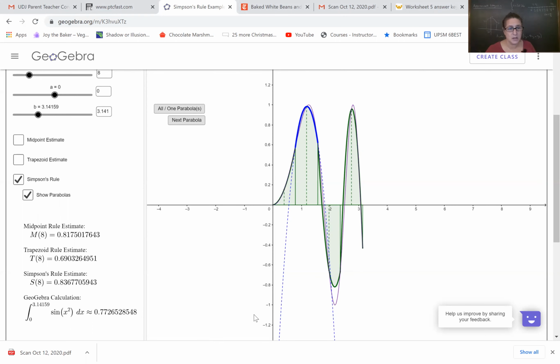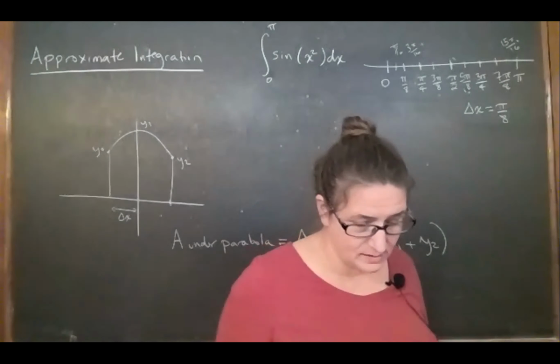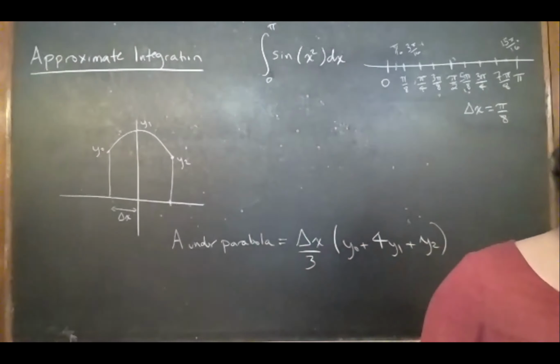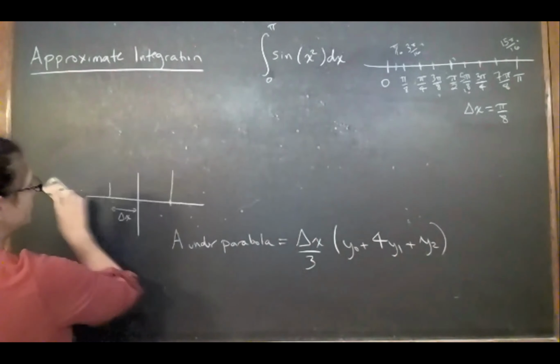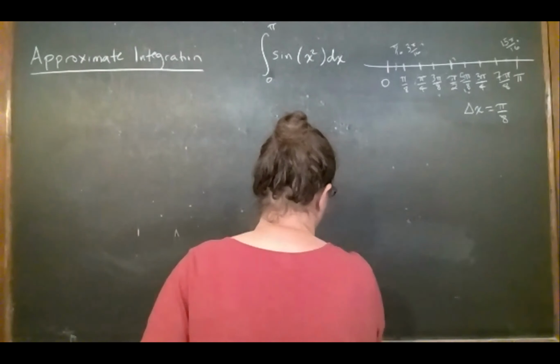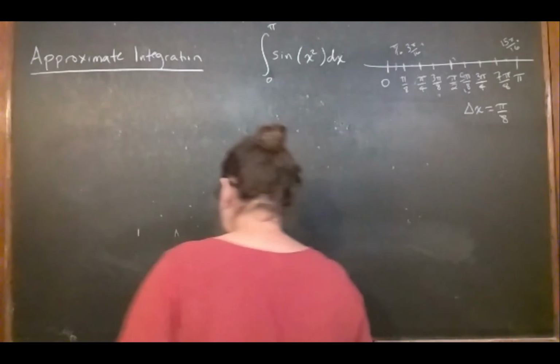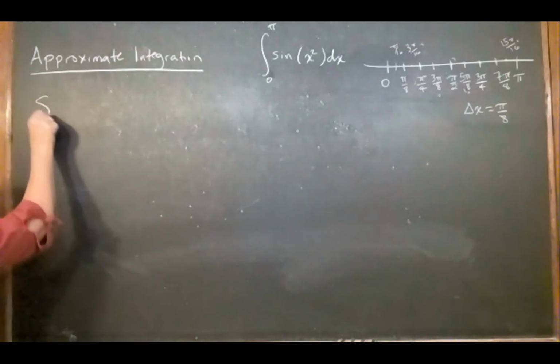Let me stop this for a minute and write down the whole formula for S, and then we will do our example with that formula. Simpson's rule, so it's going to be Sn.